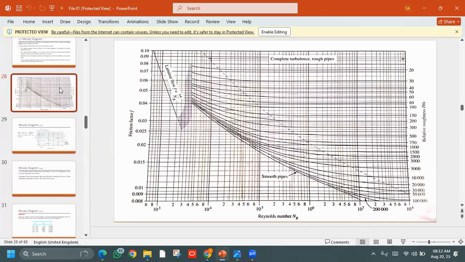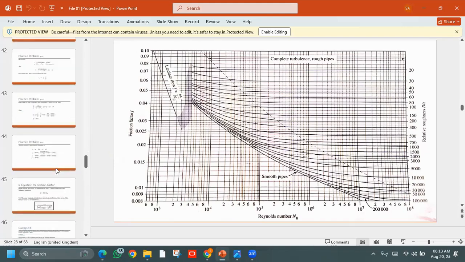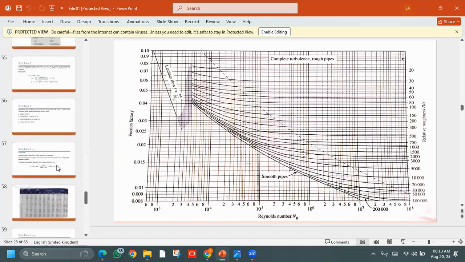So here's the Moody diagram. At the y-axis, we have the value of D over E, which is about 3369. That lies over here. And the value of Reynolds number was about 10 raised to the power 5.